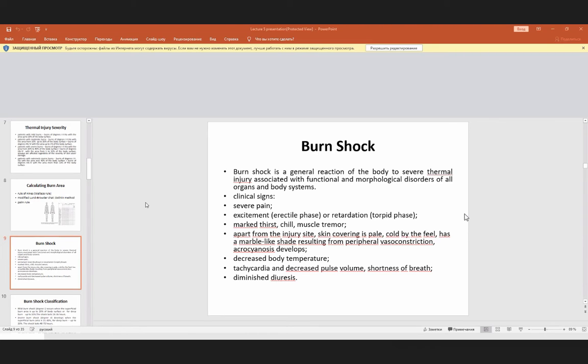Based on the severity of clinical manifestation, 3 degrees of shock are recognized: mild, severe, and extremely severe shock.